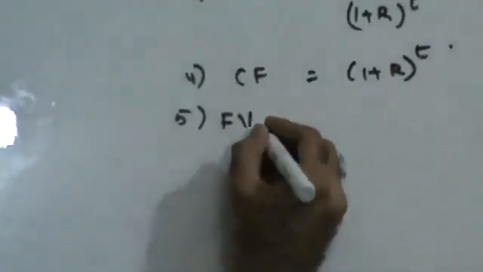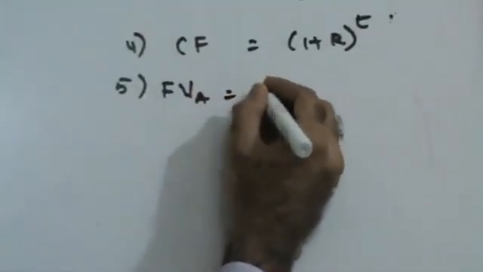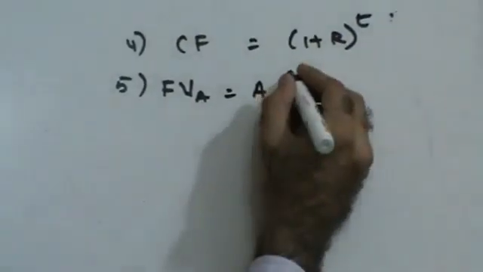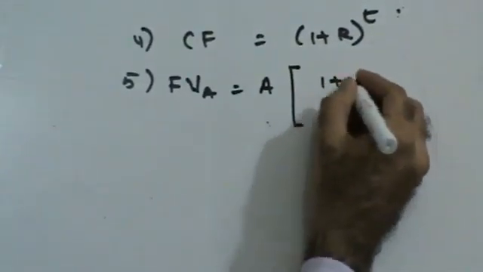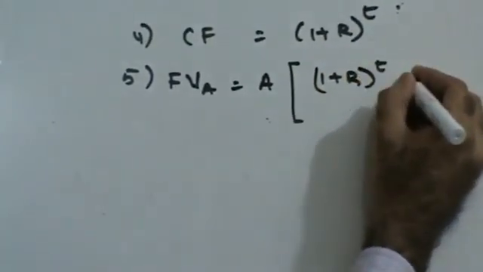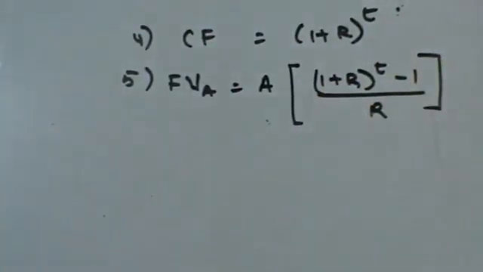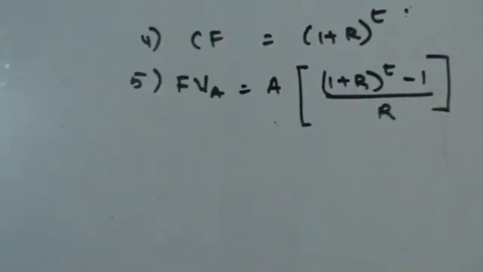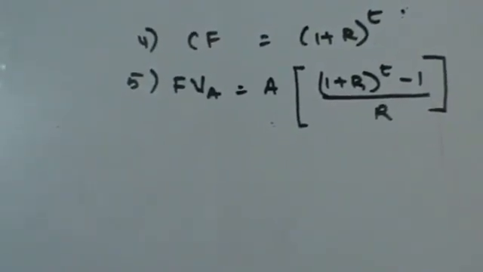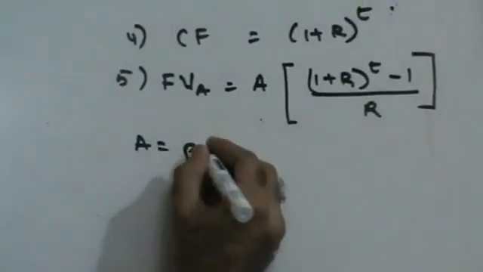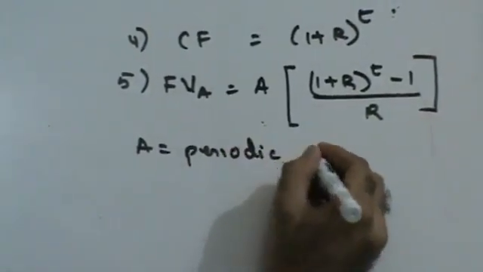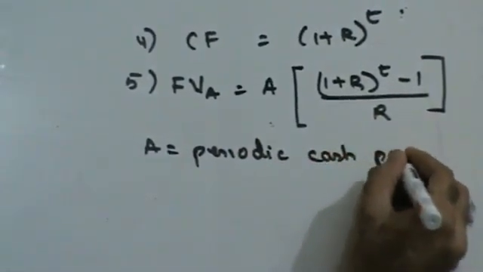I can also say that future value for a particular amount is determined as A into (1 plus r) raised to t minus 1, upon r. Right? Where A is the periodic cash payment.